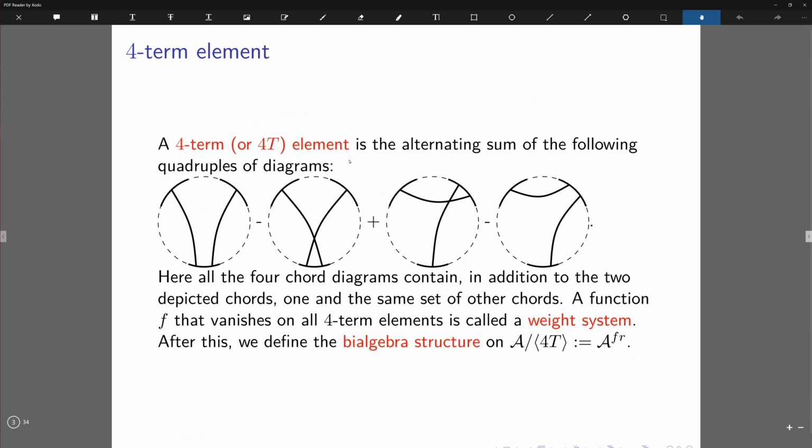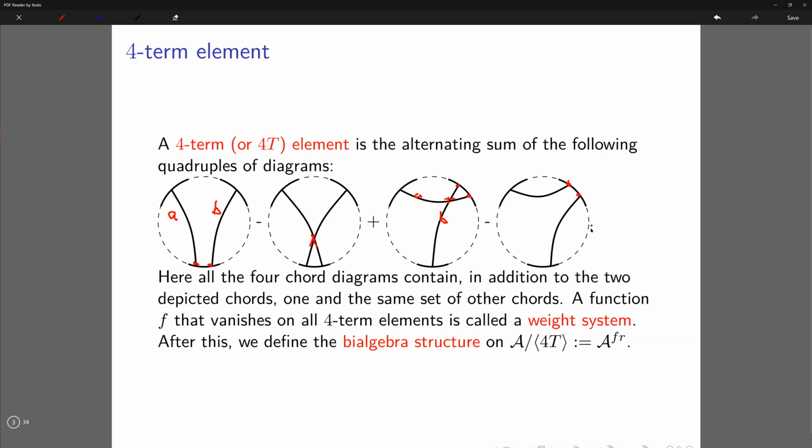So the Fulton relationship is just the Fulton element equals 0. The Fulton element is actually a sum of 4 chord diagrams. If I name this chord A and this chord B, one of their endpoints are adjacent, and they just switch it, and you change one endpoint of chord A, chord B, to the other side of chord B. So this is a cosine, and this is not cosine.